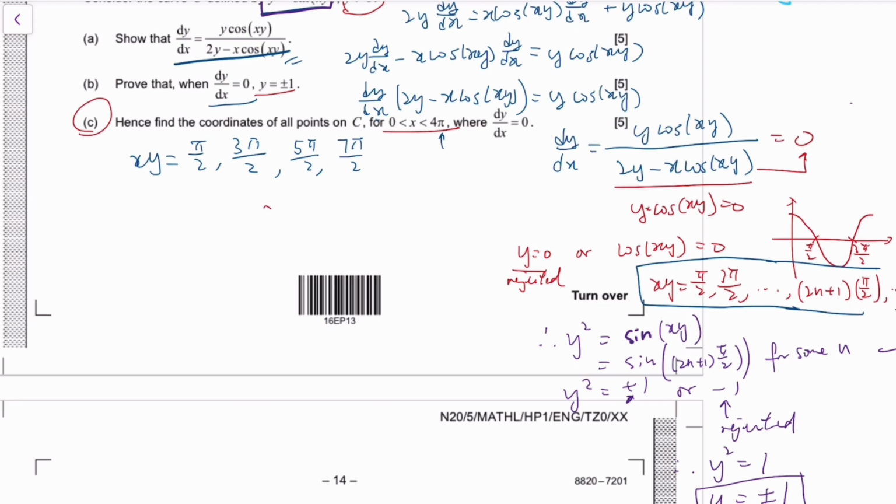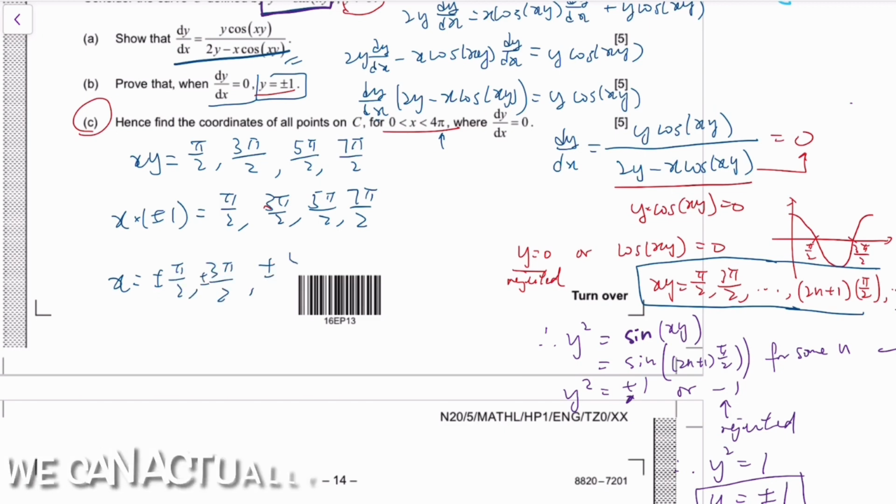We also have the condition that y is either plus 1 or minus 1. So that means x times either plus 1 or minus 1 would be those things. And so x would be plus or minus those, since when you divide by plus or minus, you get a plus or minus.